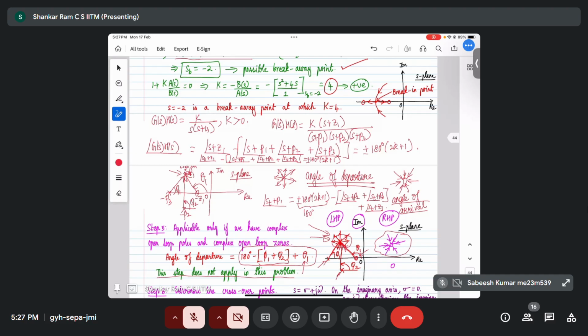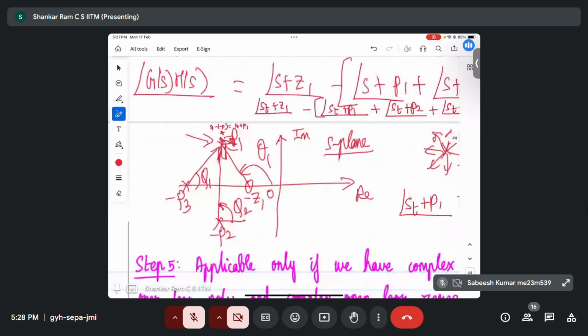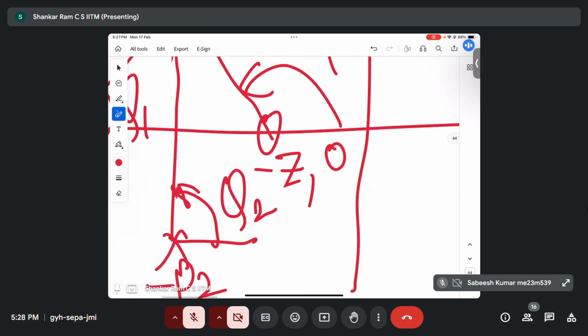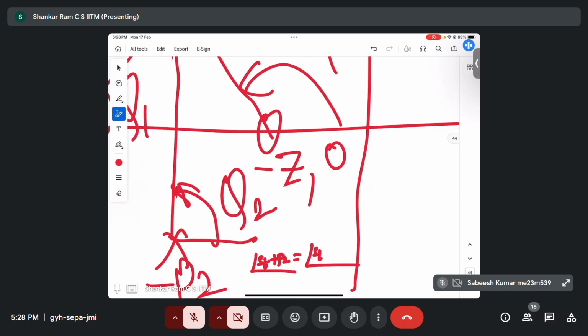Now, what is angle of ST plus P2? Let's zoom in once again. ST is infinitesimally close to minus P1. If I draw ST plus P2, the angle of ST plus P2 is equal to the angle made by a vector drawn from minus P2 to ST. That is how we should interpret it.